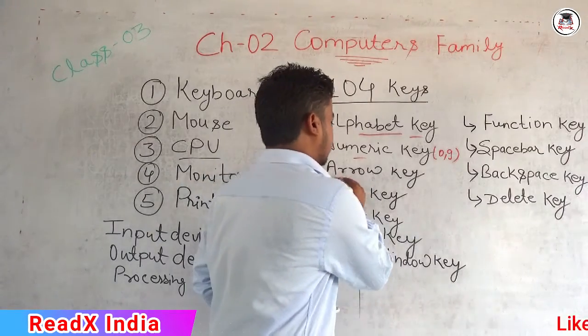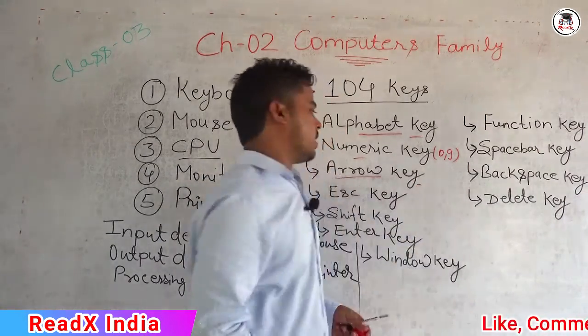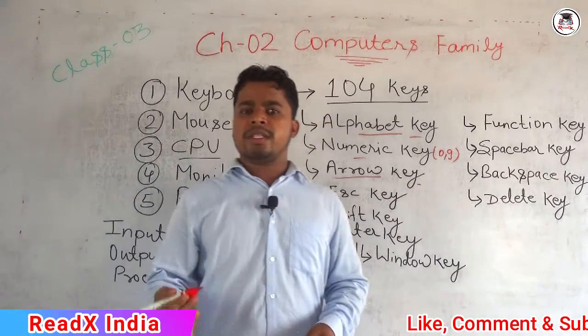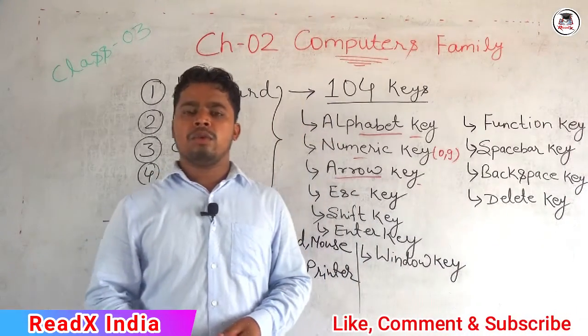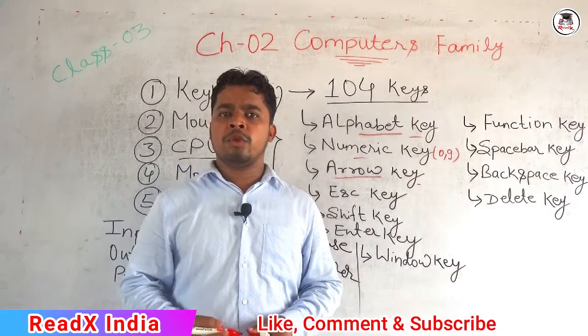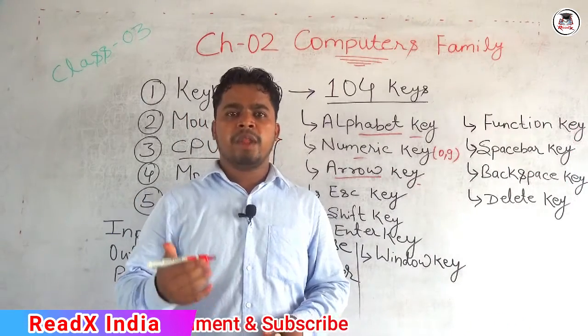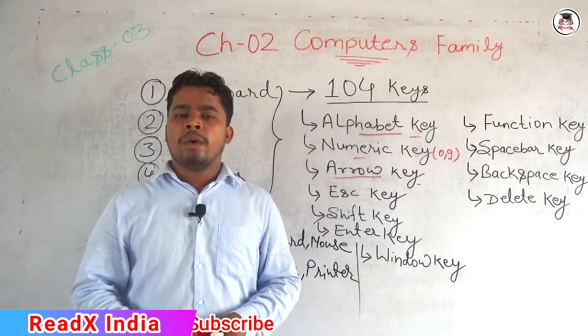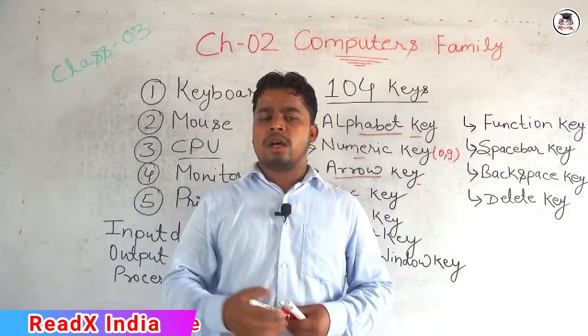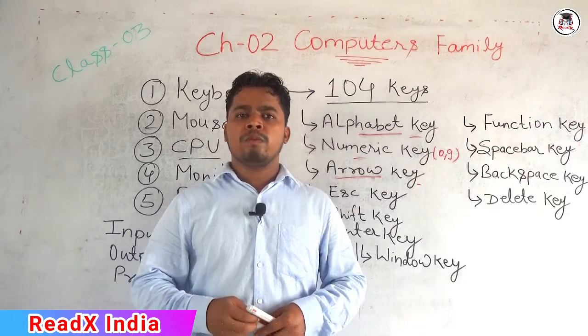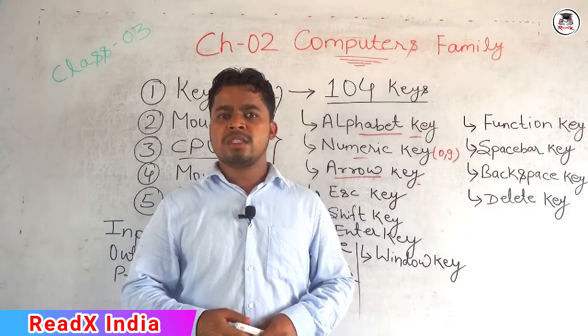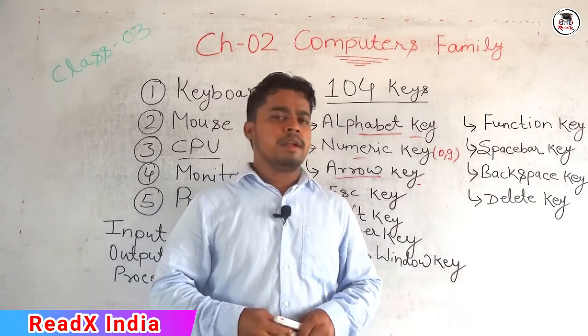Now the next key is the arrow key. There are 4 arrow keys on a keyboard: left, right, up and down. These keys are used to move to different positions in a file or in a system.